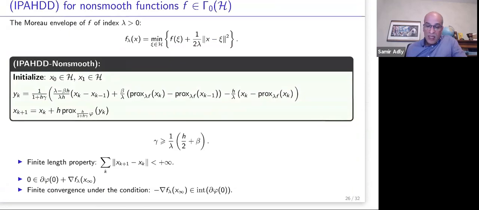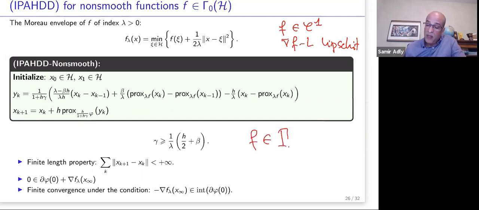Now you can ask me what happens if my first potential f is not smooth, but convex, for example. It is possible. The first potential that I mentioned from the beginning was of class C1 with L-Lipschitz gradient. These were my assumptions.